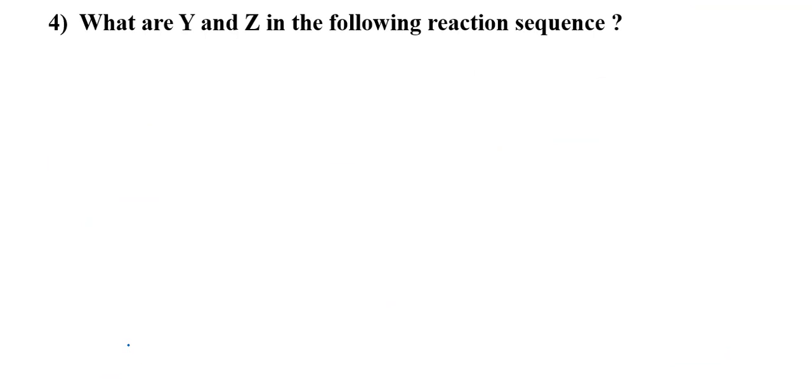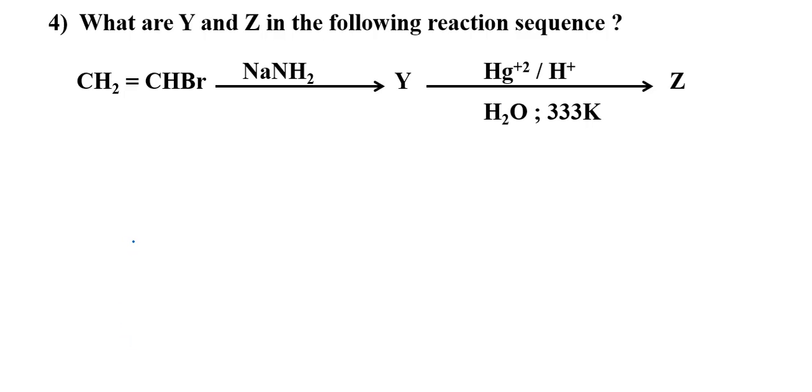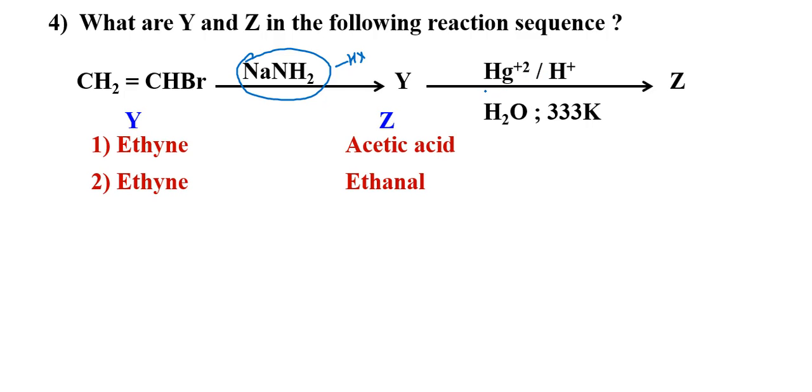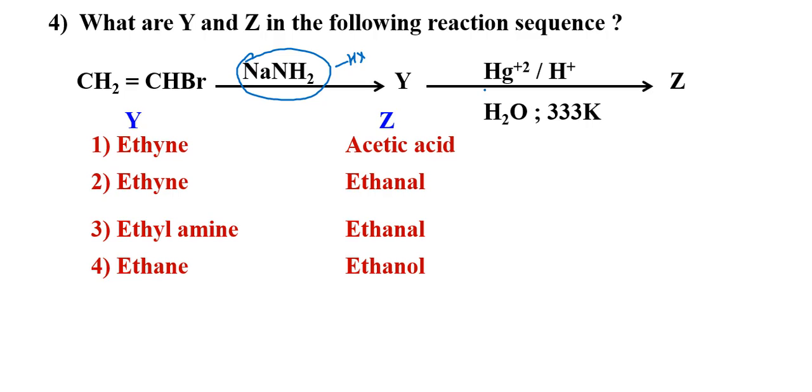What are Y and Z in the following reactions? Alkyne, sodamide. What is the sodamide functioning? Dehydrohalogenation. Yes. Then reaction with Hg plus 2 and H plus means acidic medium. So Y and Z. First of all, Y is ethyne forming. In that, next, see ethyne formula you write it CH triple bond CH.